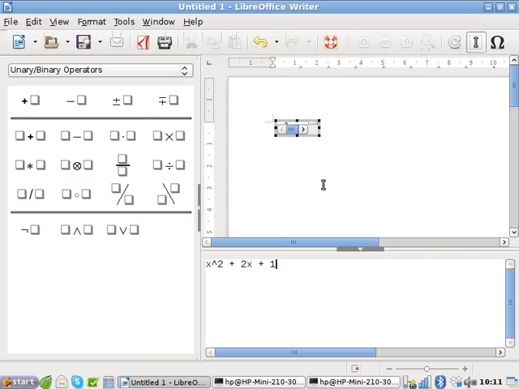You can't see it on mine because my screen is too small. When I type x and this symbol with a 2, it'll make your x squared on your page. If you type in plus 5x plus 1, for example, now you have a quadratic.